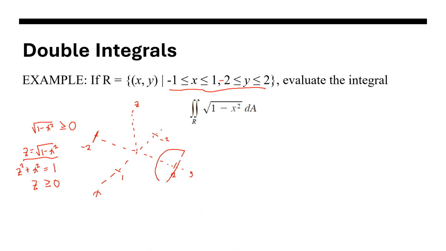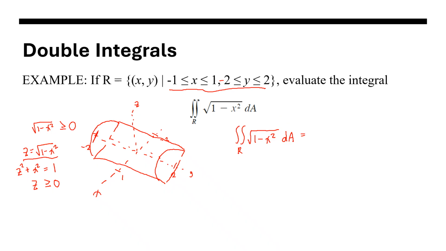Now you have your cylinder. So to solve this one, for our solution, you have the double integral of the square root of 1 minus x squared dA.